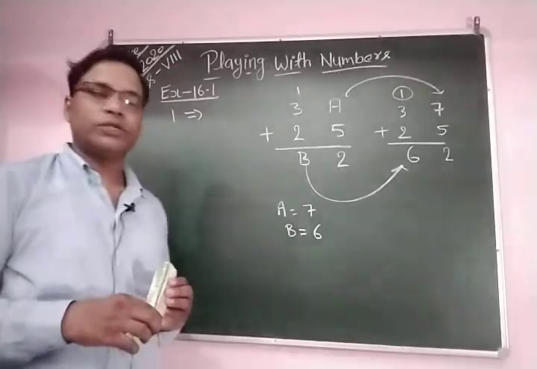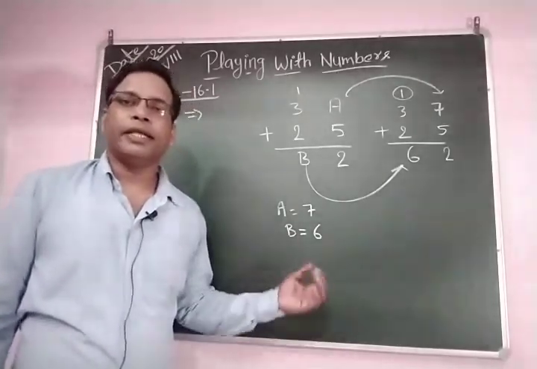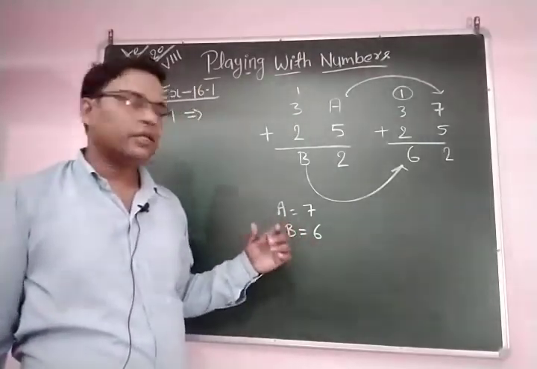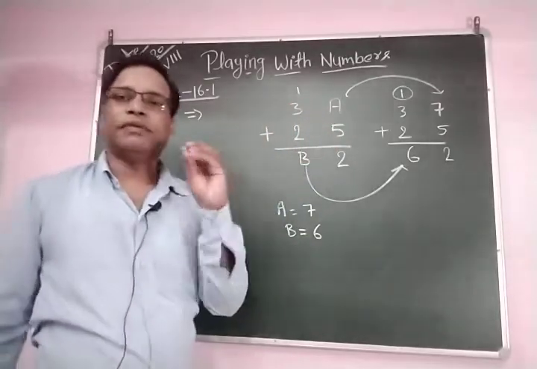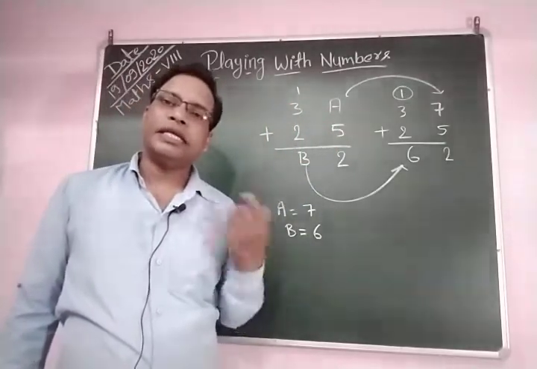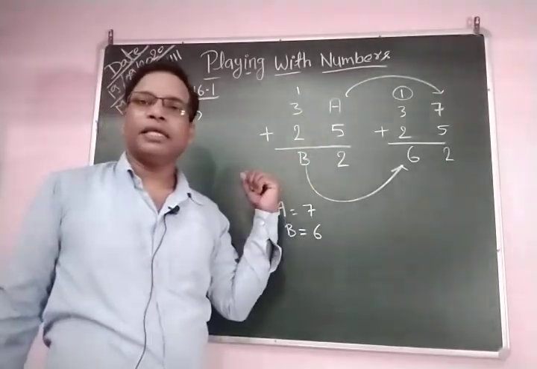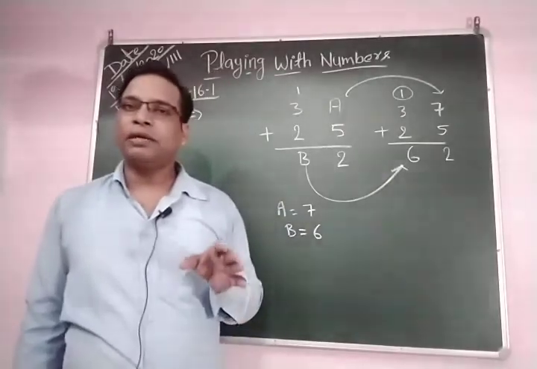So I hope all of you understood how to find the value of letter A and the value of letter B. Okay, again we want to discuss here, A and B are digits. You know very well what digits are.